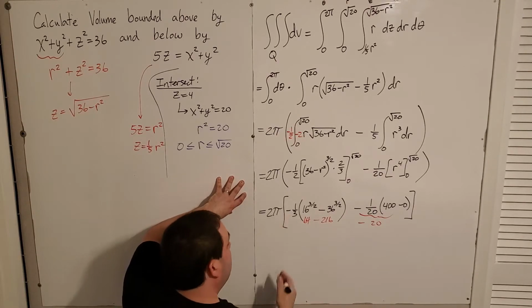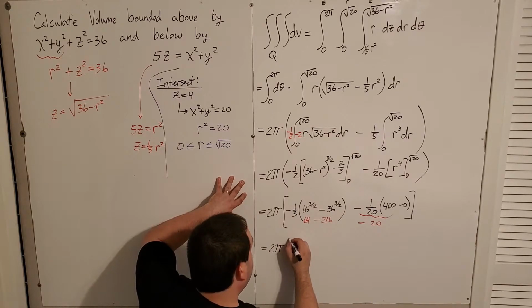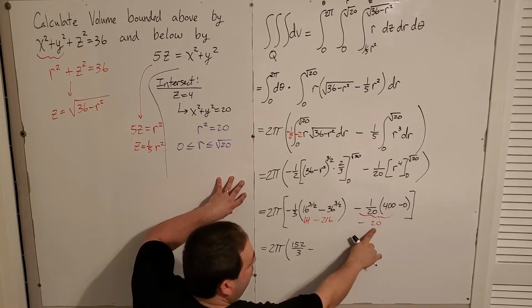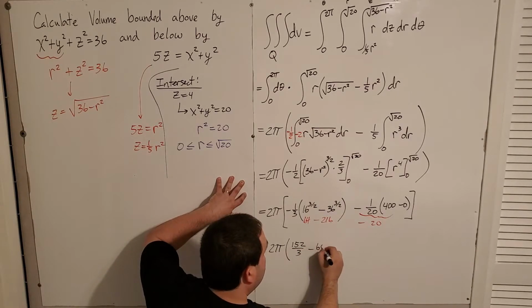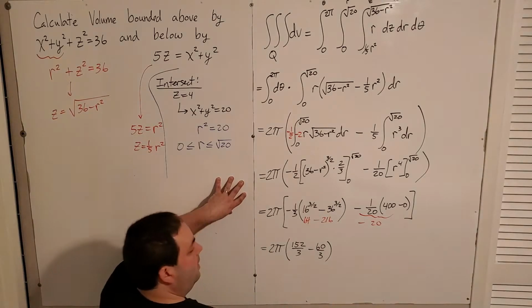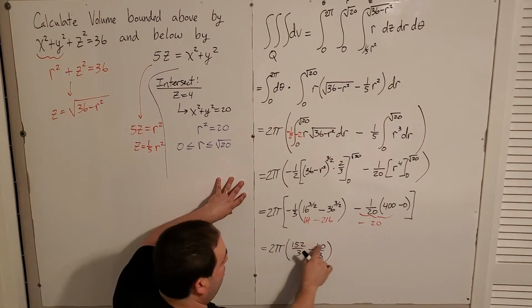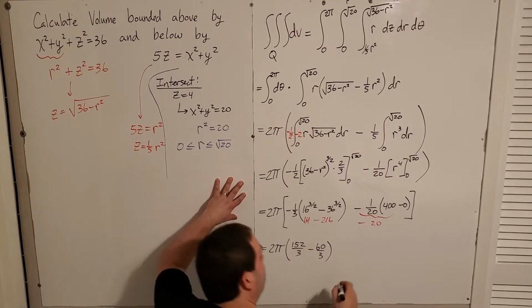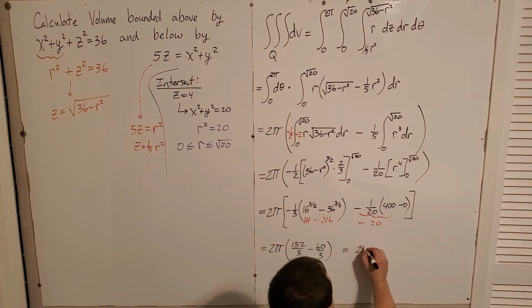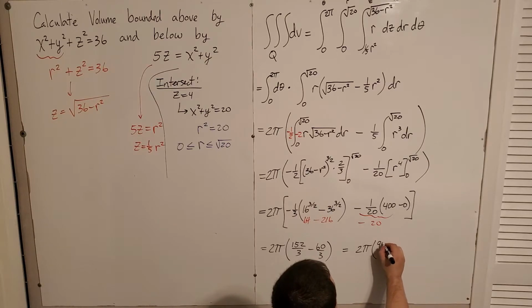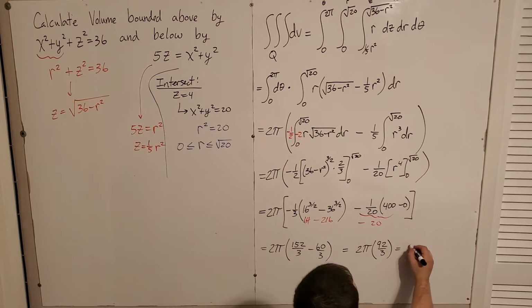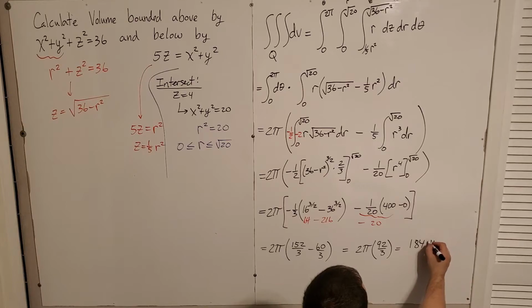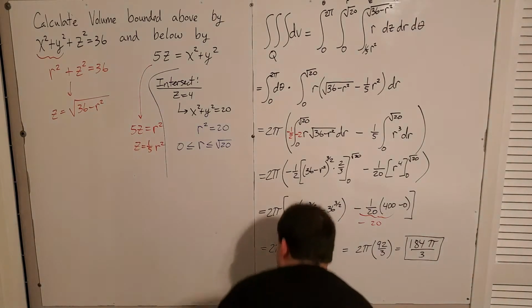So I've got 2 pi times 152 over 3 minus 20, which is 60 over 3, for a total of 92 over 3. Which is 184 pi over 3.